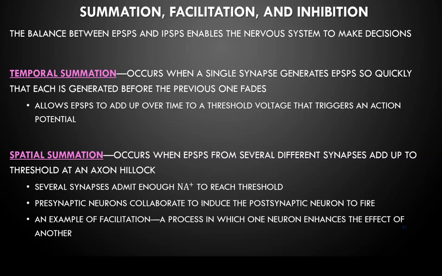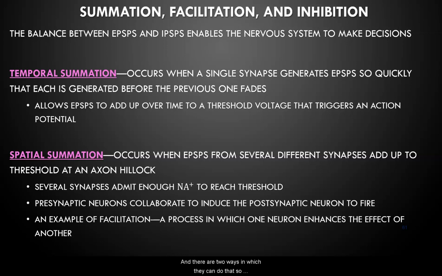So, to do this mathematically, a typical EPSP is a voltage change of only about 0.5 millivolts and lasts only 20 milliseconds. So if a neuron has a resting membrane potential of negative 70 and a threshold of negative 55, you need at least 30 of those EPSPs to do so.